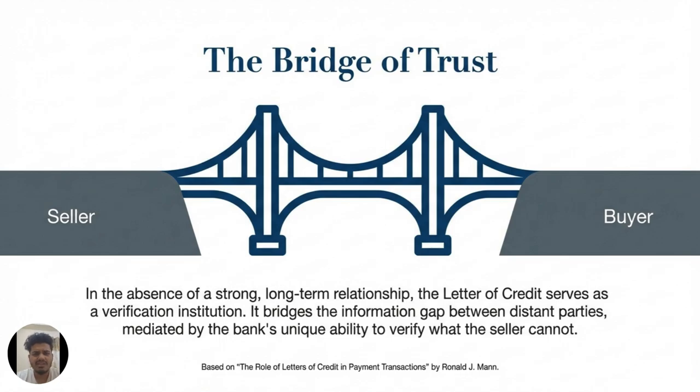The bank fills the gap. It allows us to trade with confidence, not because the paperwork is perfect, but because of the reputation behind it. So it works as a bridge hanging between the oceans, the cultures, and the diversity that we have, connecting the buyer and seller far away from each other.